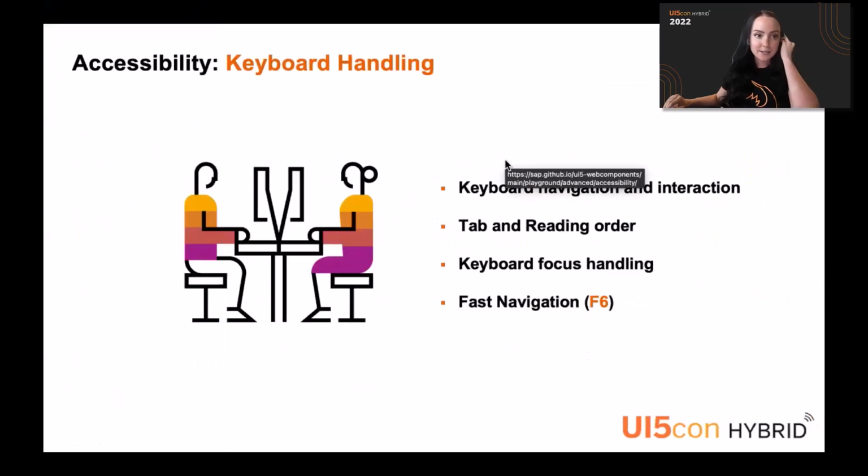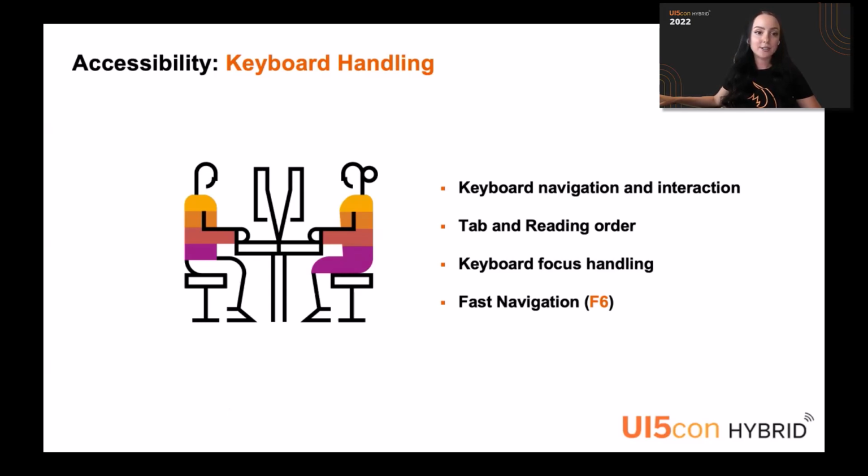The accessibility features could be many things. For example, they could be the keyboard navigation and interaction, also the screen reader support, support for high contrast themes, the color contrast, text resizing, and so on. We will start with keyboard handling. Our components are keyboard enabled.